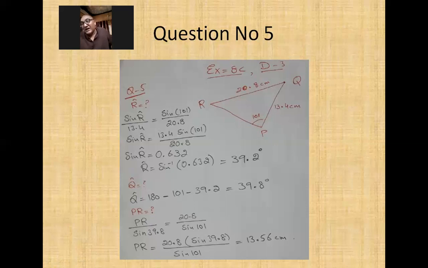So PR will be 20.8 multiply sine 39.8 divided by sine 101, and the final answer for the PR length will be 13.56 centimeter. So that was question number 5, and I hope that you have understood.